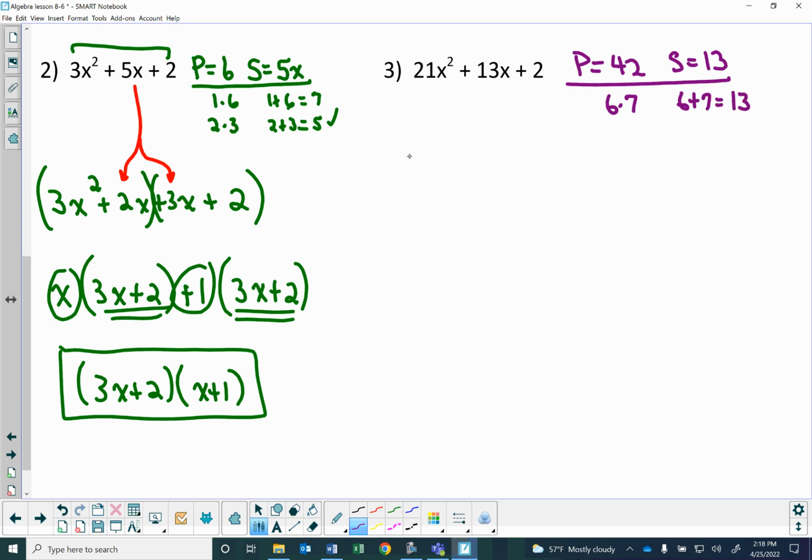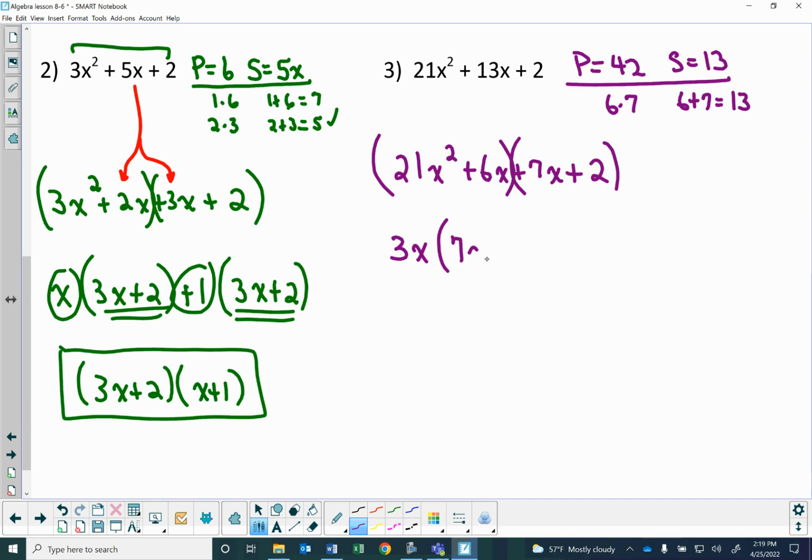So I'm going to rewrite this polynomial 21x squared plus 6x plus 7x plus 2. Group first 2, last 2. The greatest common factor out of 21x squared plus 6x, I can take out a 3 and an x. So I'm going to take out a 3x. If I divide 21x squared by 3x, I get 7x. If I take 6x and divide it by 3x, I get 2.